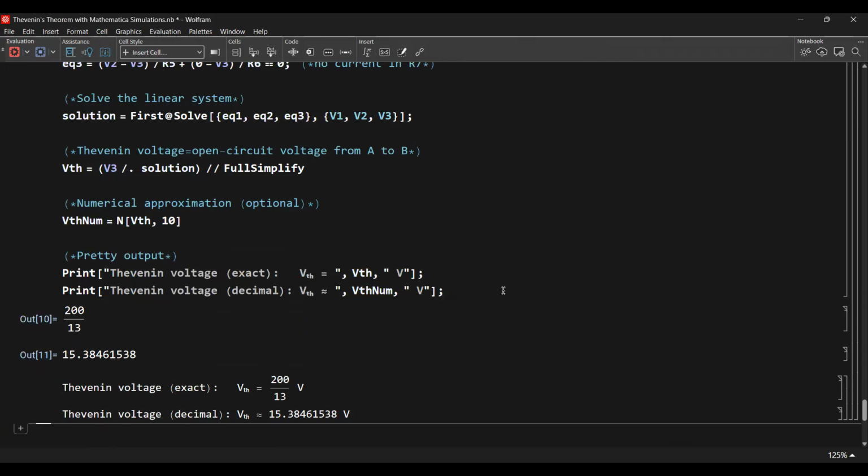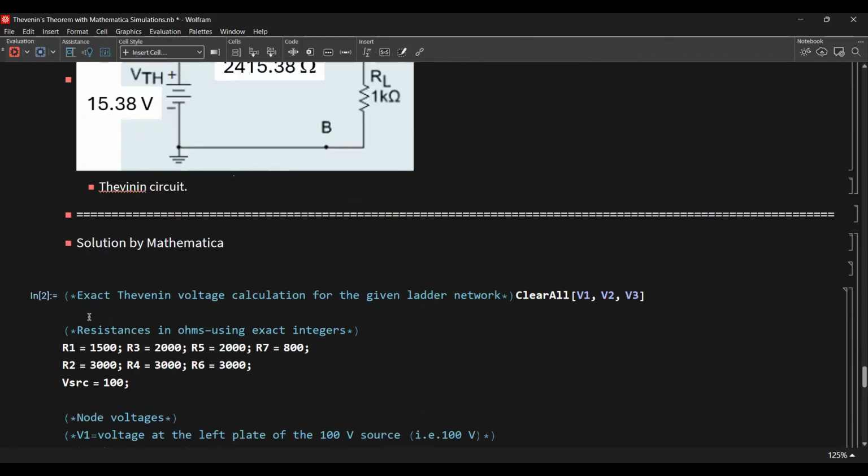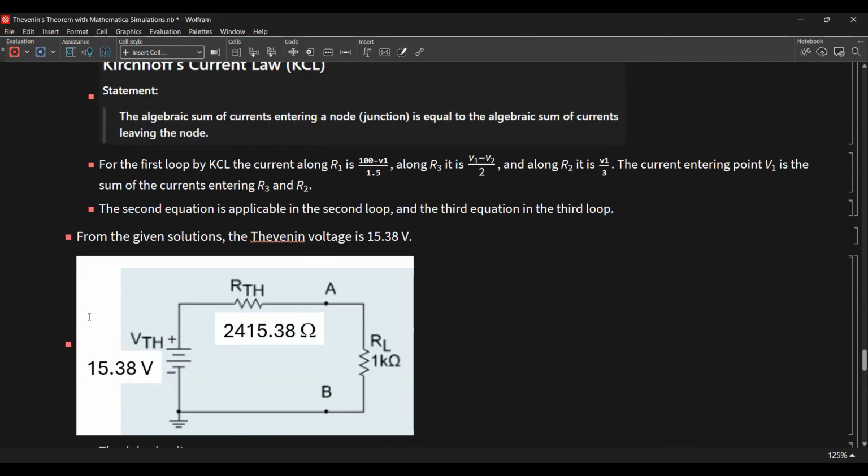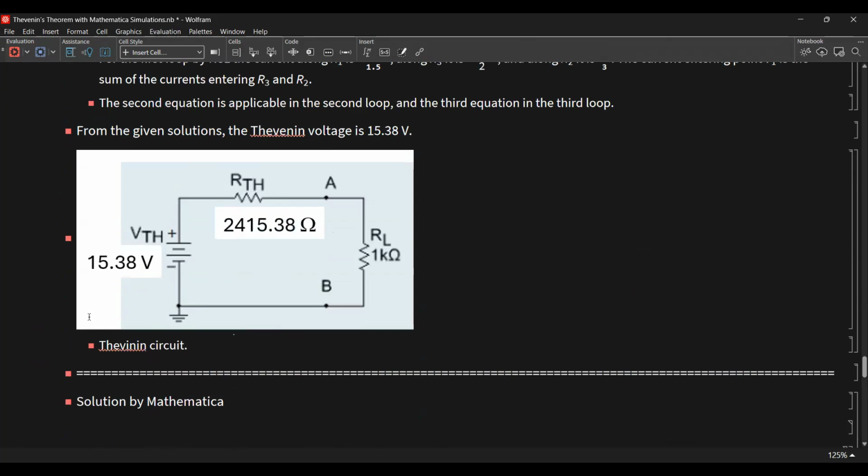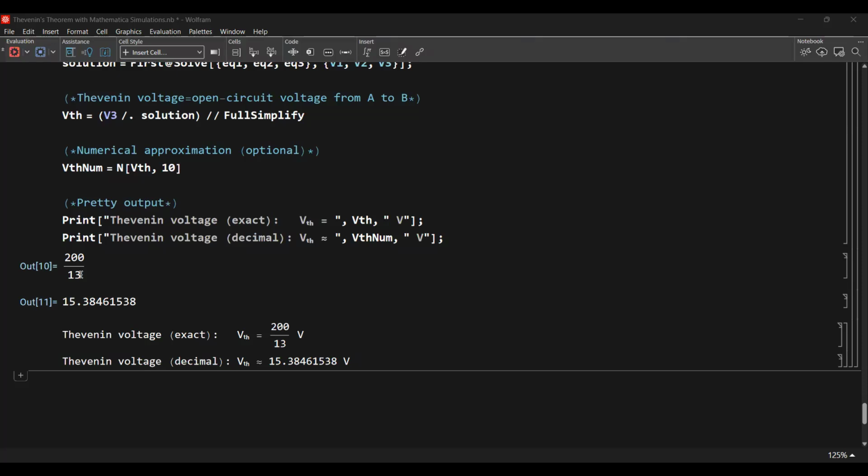Our values now, we have that 200 over 13. This 200 over 13 is the Thevenin voltage already. This one, 15.38.